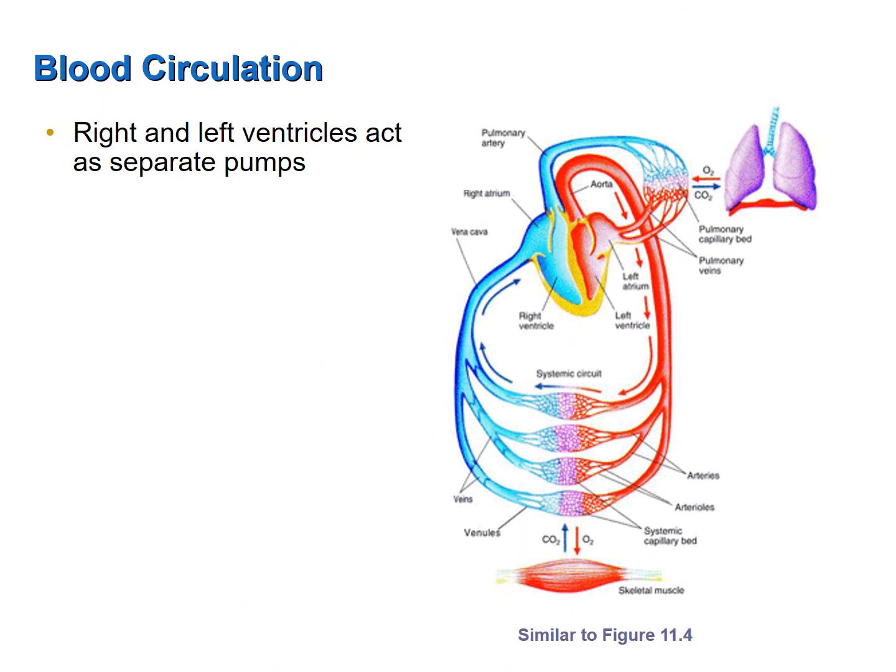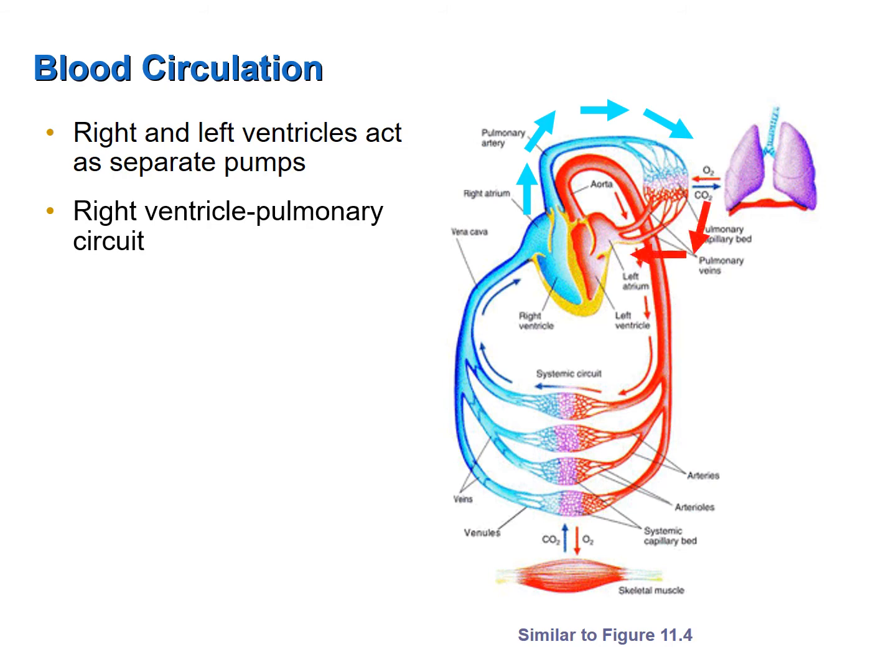Also recall that the heart is really two pumps, with the right ventricle pumping deoxygenated blood to the lungs via the pulmonary arteries, and oxygenated blood returning to the left atrium via the pulmonary veins.